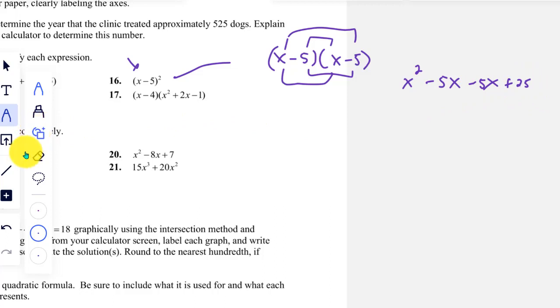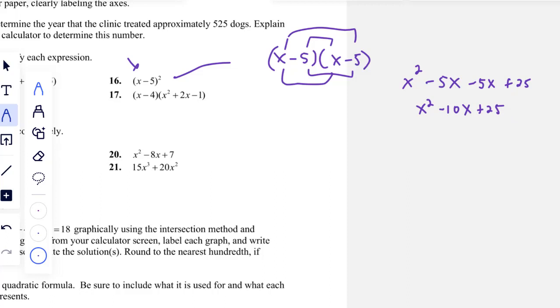When we put this all together, we end up with x squared minus 10x plus 25 for number 16.